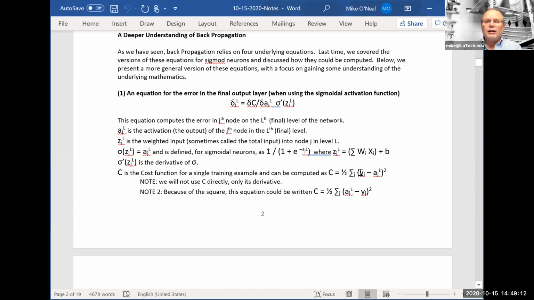So you can write it as the desired output minus the actual output, or you can write it as the actual output minus the desired output. You might notice that depending on the order, it's going to flip the sign. The other thing you might notice is I'm summing up the errors.